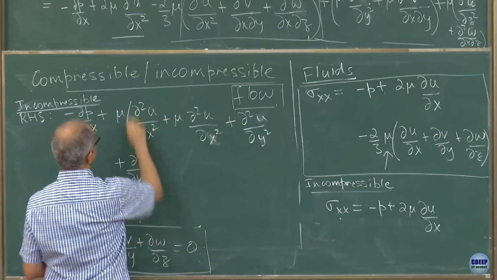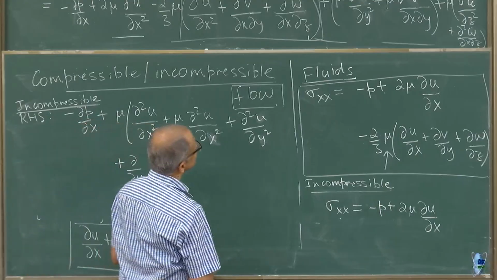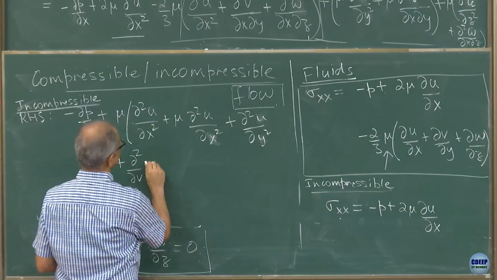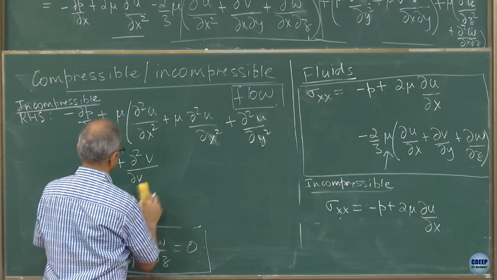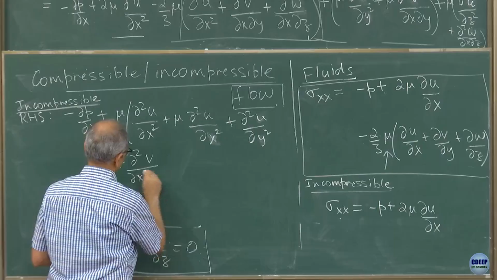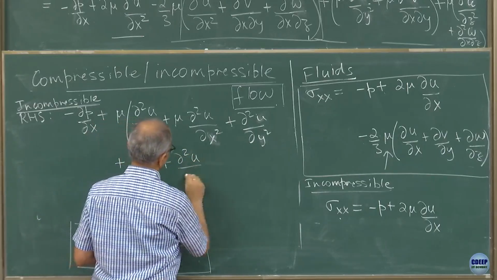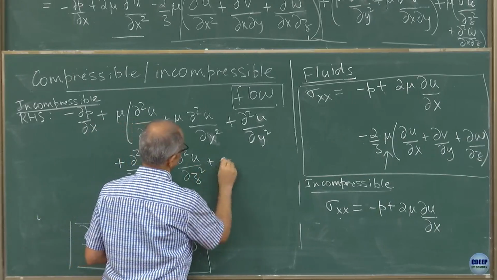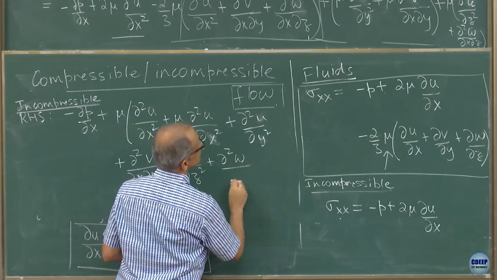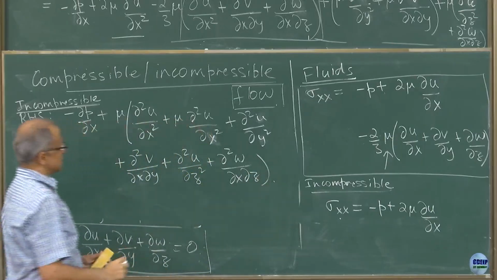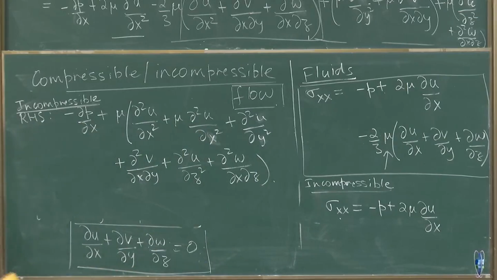Of course, everything comes with a mu, so mu is common, and ∂²v/∂x∂y, plus ∂²u/∂z², ∂w/∂x∂z. Okay, so finally we have gotten the right thing.